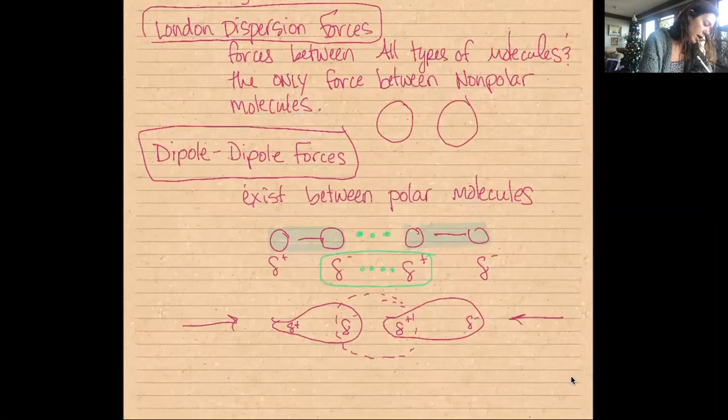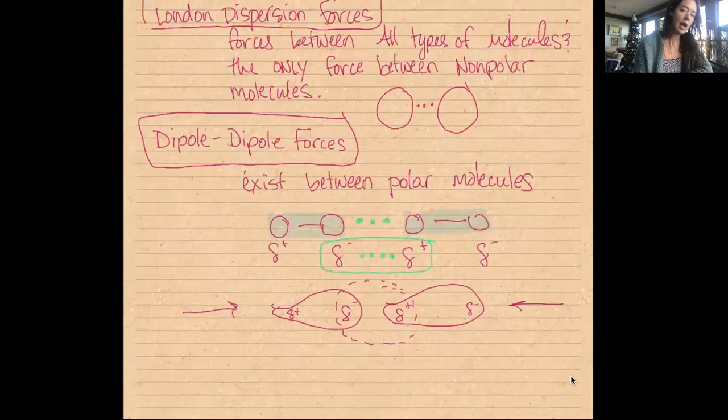Here, we do not have partial charges, so the attraction here is not quite as strong, and I could get more into that later. However, what happens is one of these molecules will become temporarily polarized and cause the other molecule to also become temporarily polarized, and then we have this attraction there.